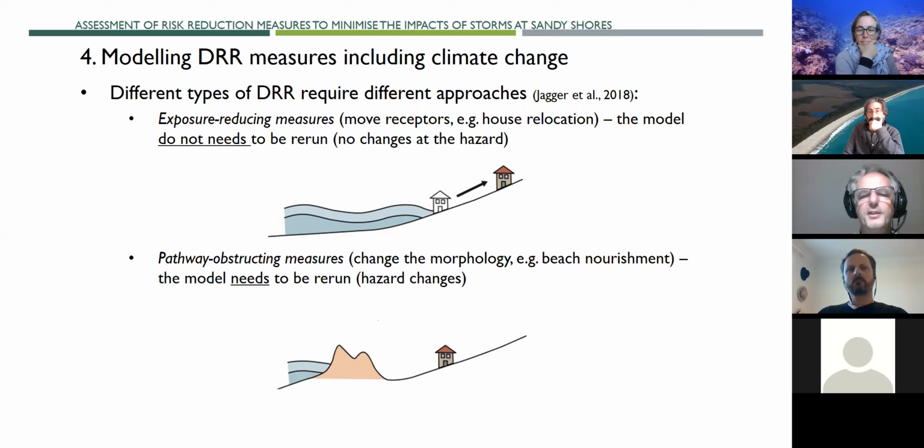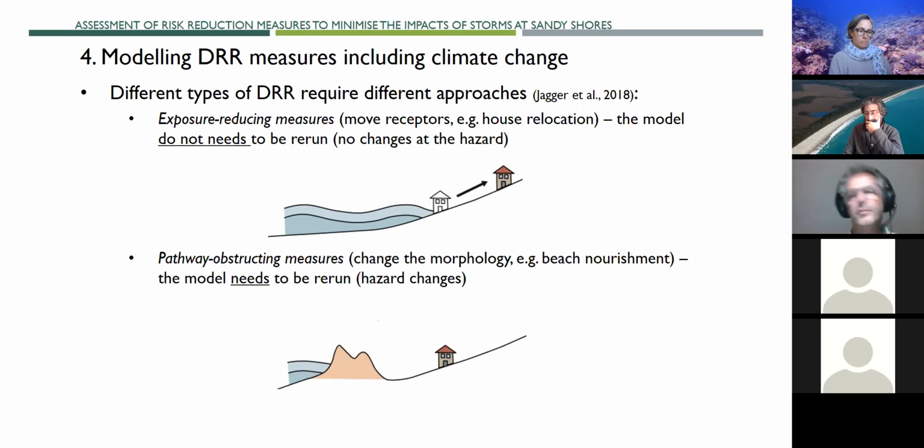That is not so tangible for our models, but it's another disaster risk reduction measure, which is to communicate, educate, provide risk awareness, and educate people on the behavior when facing the risk. But of course, that's a little bit out of the scope of these models, and so I will keep today's discussion to just these two: the exposure reducing measures and the pathway obstructing measures.